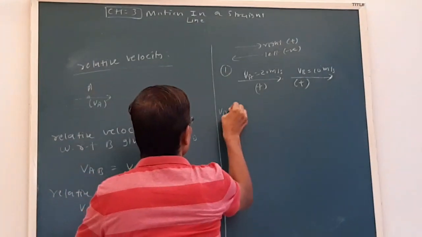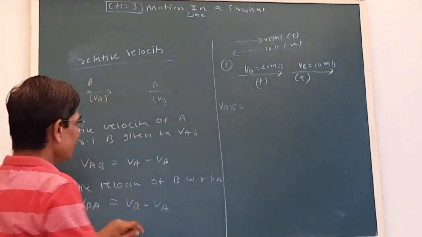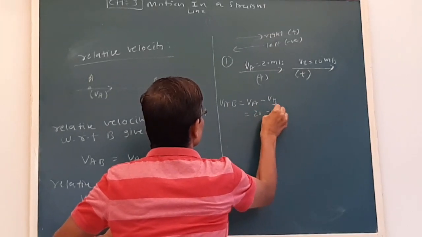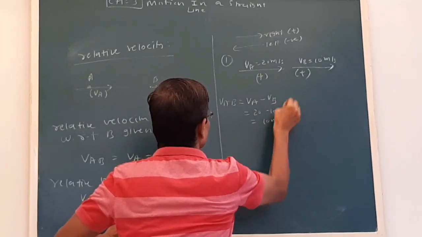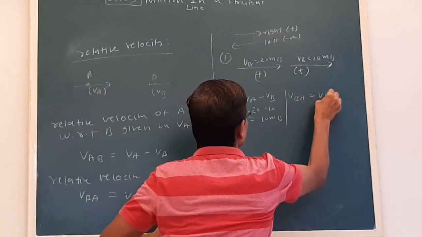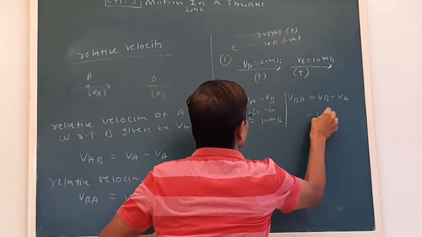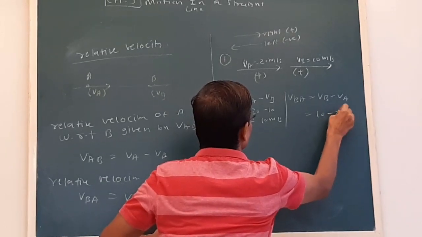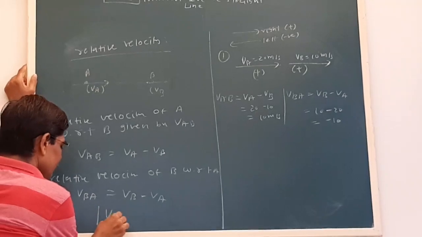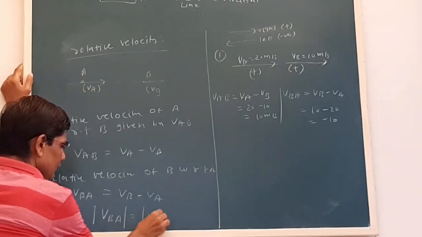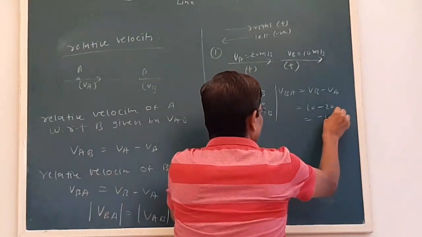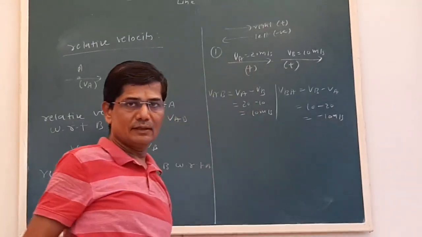So what will be VAB? VA minus VB. Now if I find VBA, what you have to see is that if I talk about the magnitude, both will be equal.